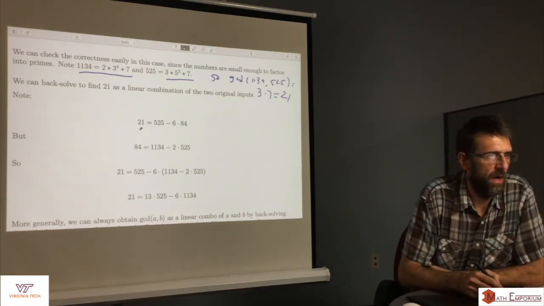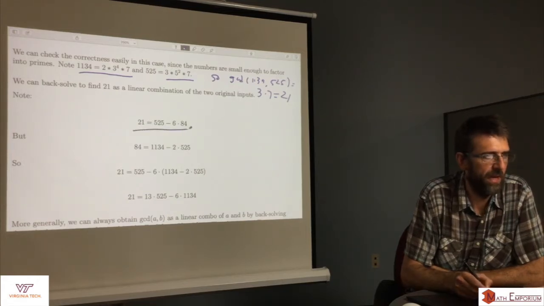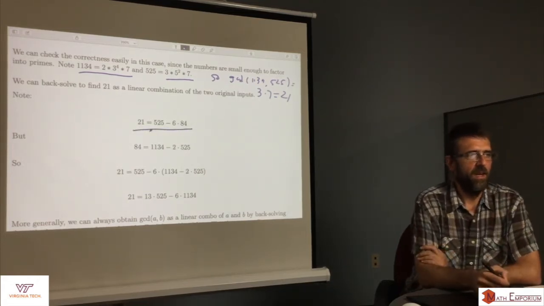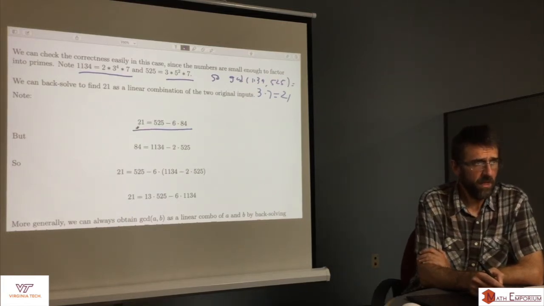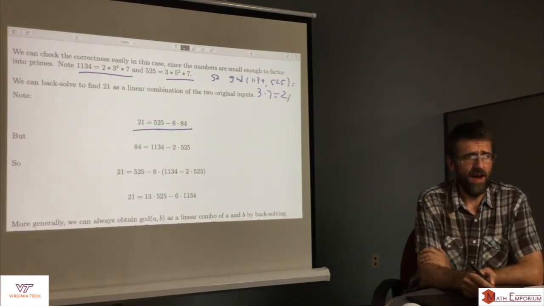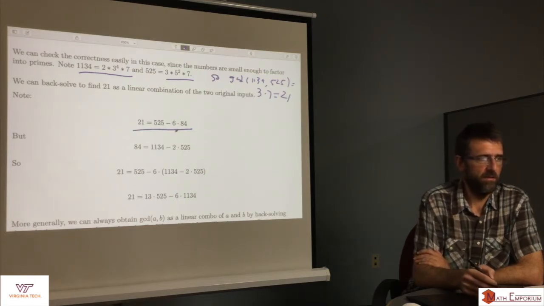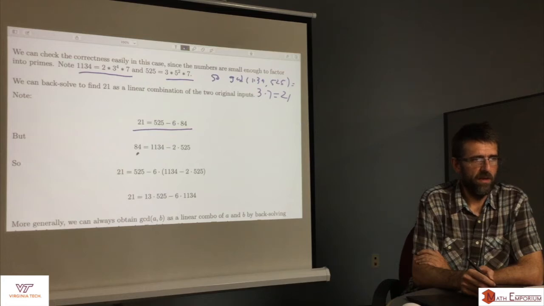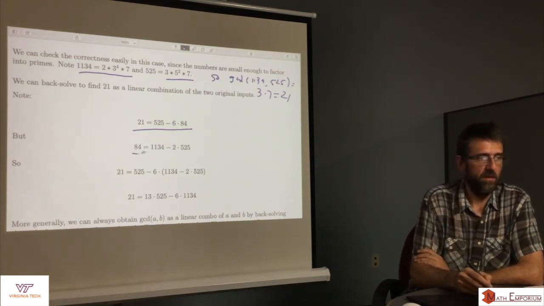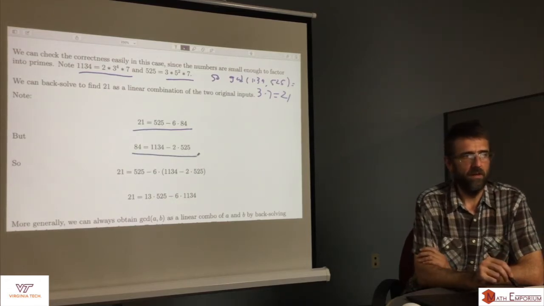If I look at the penultimate equation on the previous slide and rewrite it, I can see that 21 is equal to 525 minus 6 times 84. That shows me how to write 21 as a linear combination of the two previous remainders. But we also know that 84 was a linear combination of its two previous remainders: 84 was 1134 minus 2 times 525.